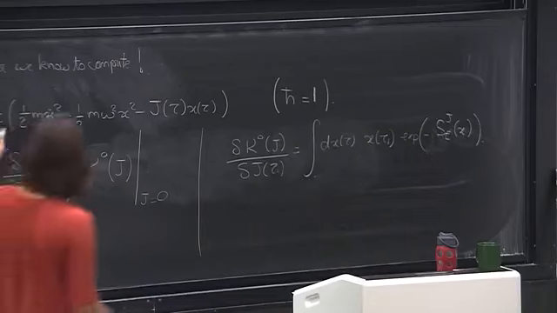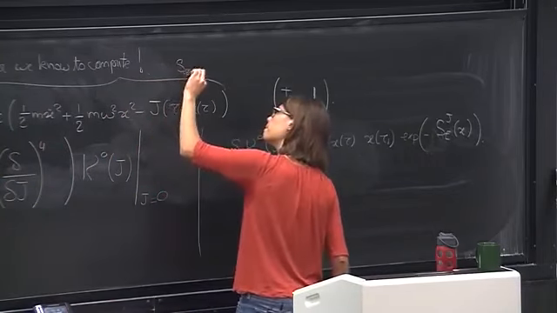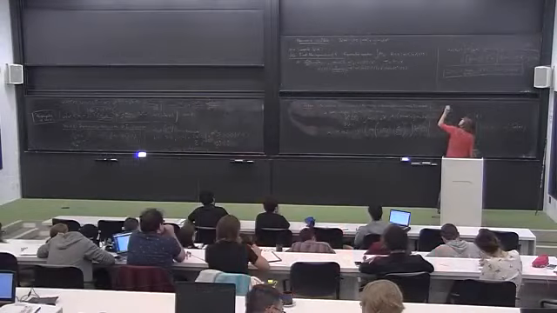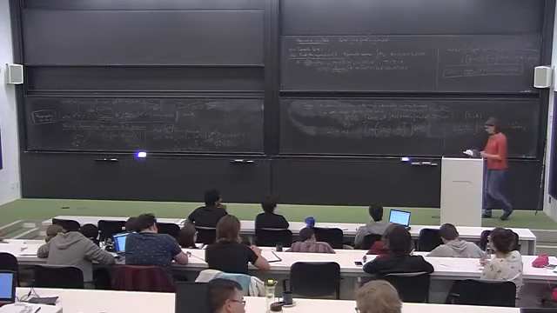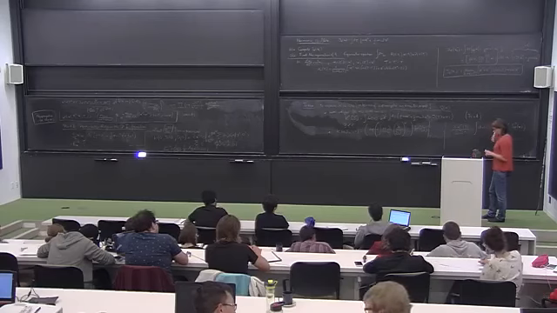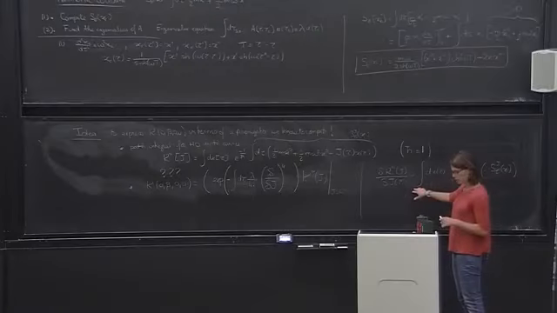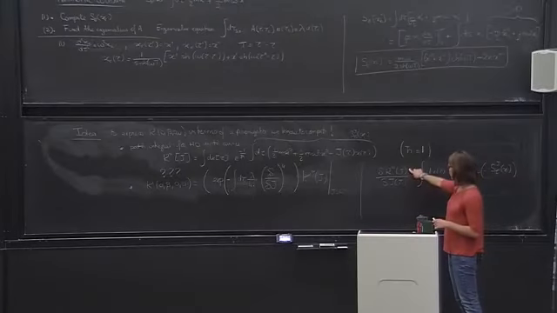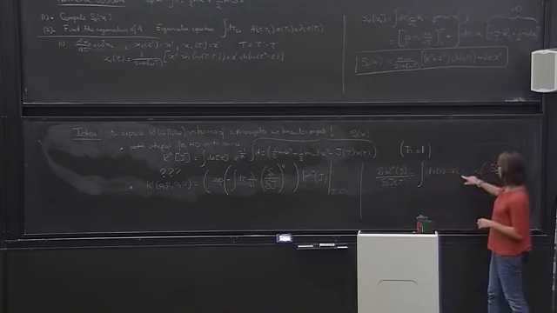So you see that if you act on this propagator with the derivative, it has the effect of putting a factor x outside.